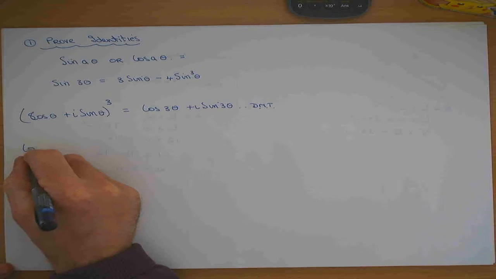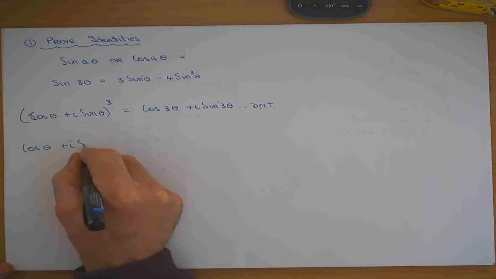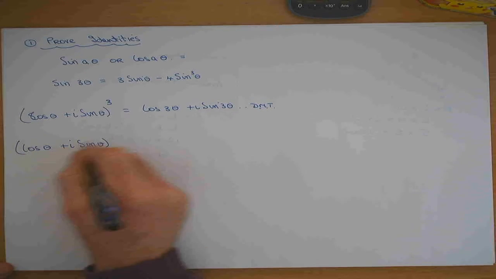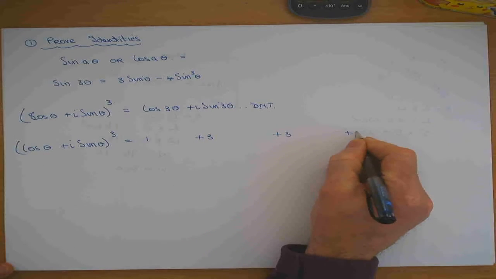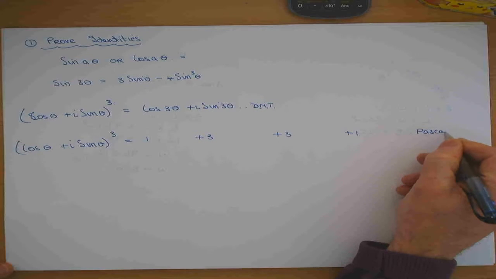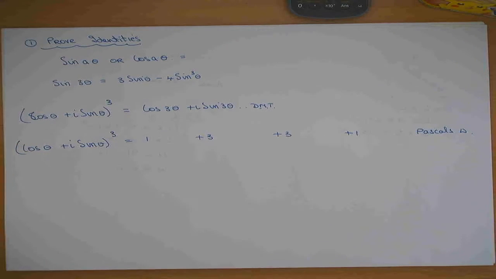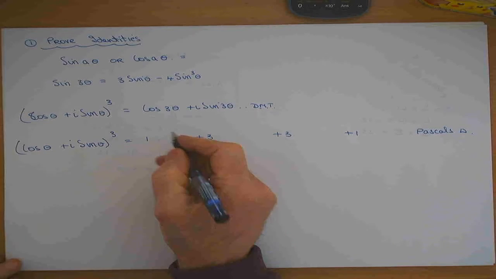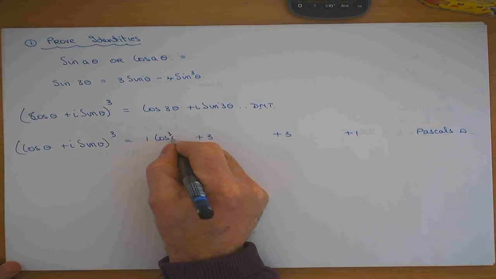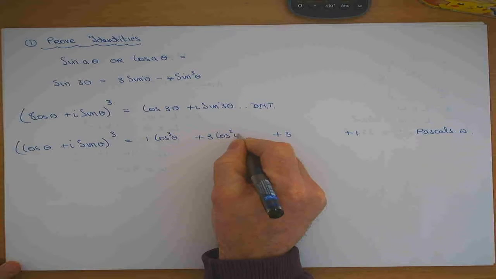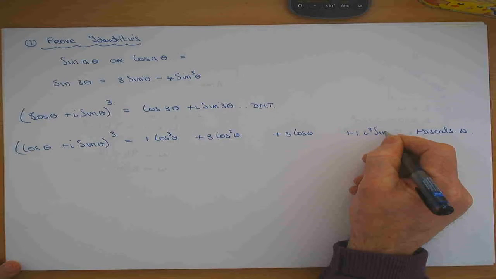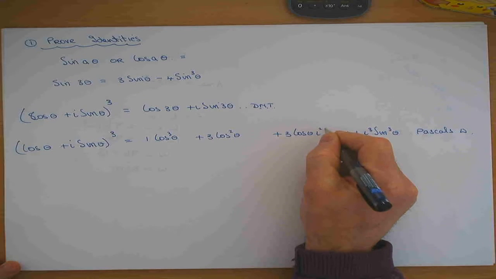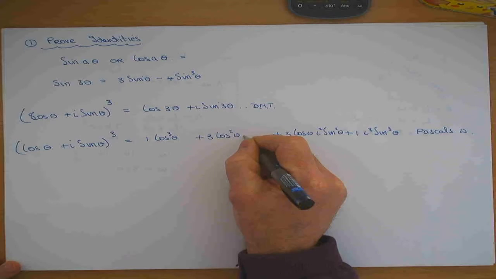But I could also say cosine theta plus iota sine theta, all cubed, is equal to 1 plus 3 plus 3 plus 1 by Pascal's triangle. You got that? And by Pascal's triangle, that's cos cubed theta, cos squared theta, cosine theta, iota cubed sine cubed theta, iota squared sine squared theta, iota sine theta.